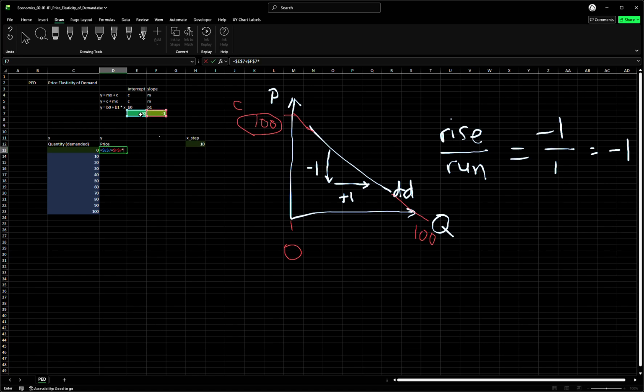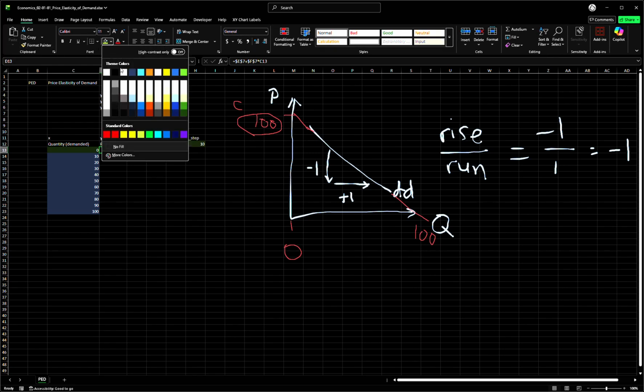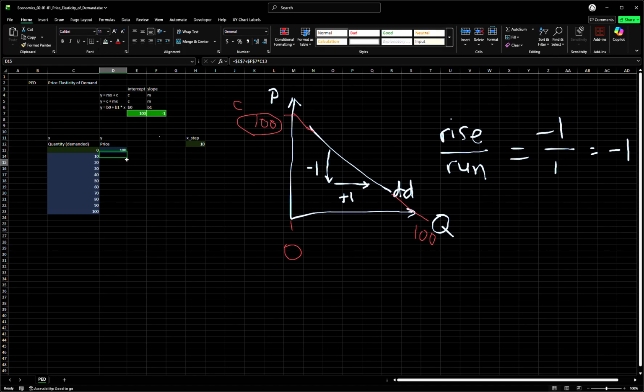Well, in this case, we're only looking at the demand curve, so quantity demanded. Okay. So, how can we calculate price elasticity of demand?